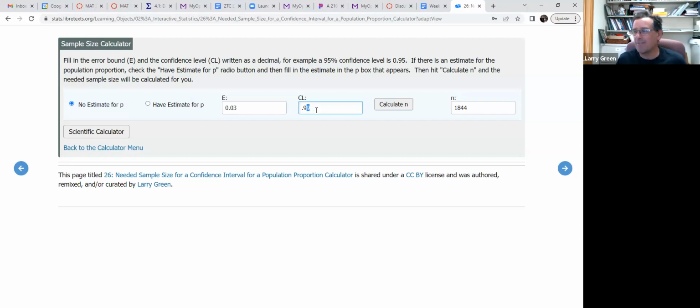If we were okay with a 95% confidence instead of 99. More cars or fewer cars? What do you think? We'll find out in a second. Any guess? Can't hurt to guess, by the way.